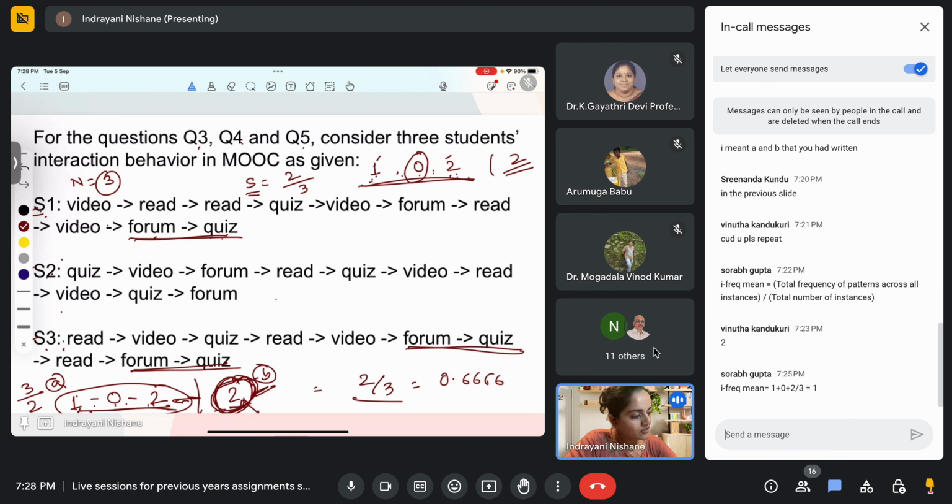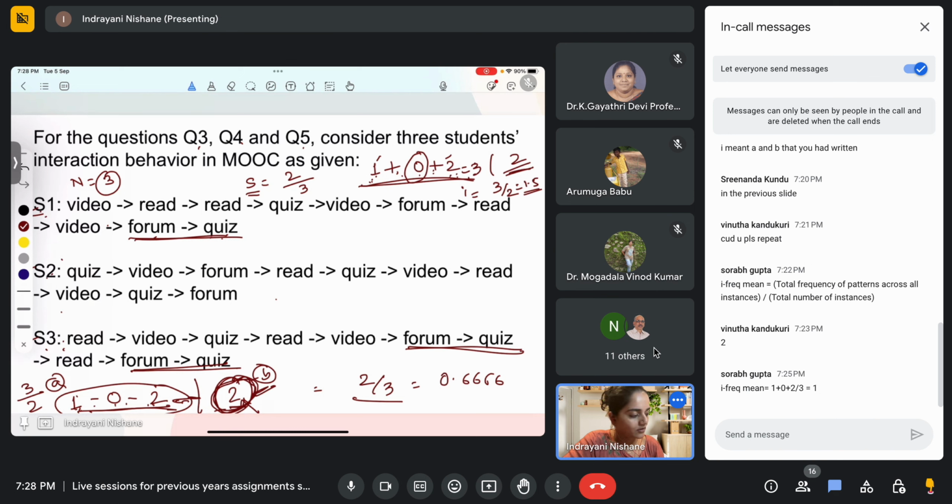So you will add these: 1 plus 0 plus 2 is 3. So I support will be 3 divided by 2, because for 2 students it is getting observed. So I support mean will be 1.5.